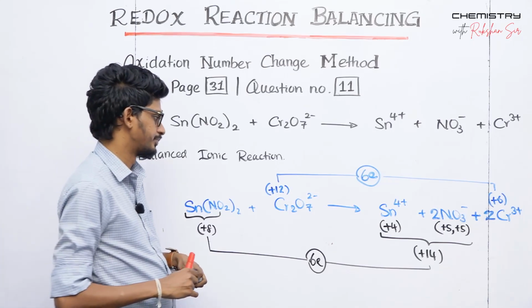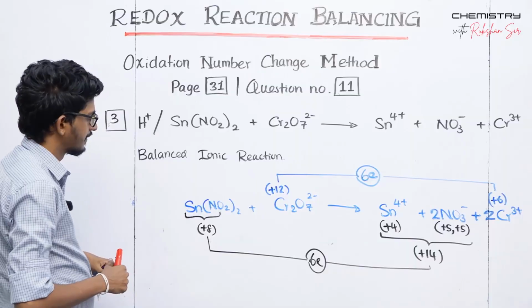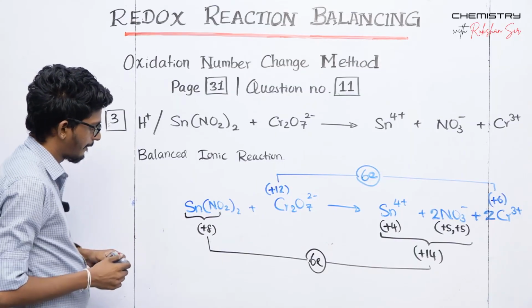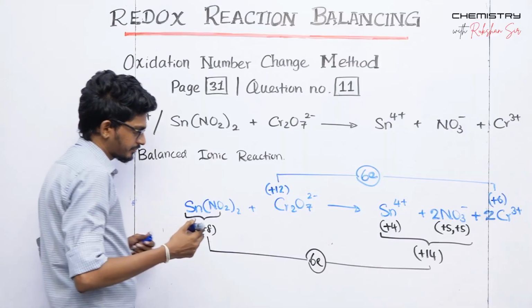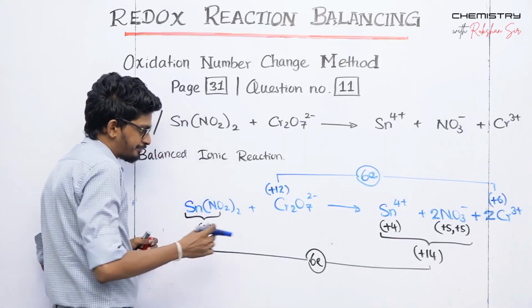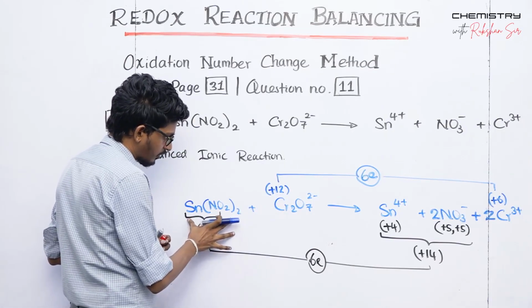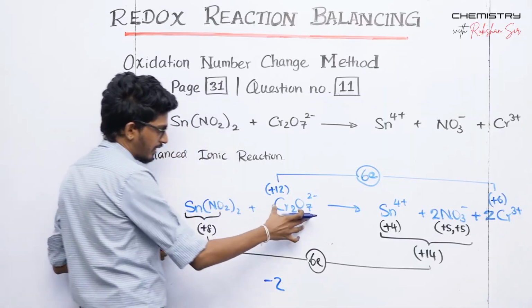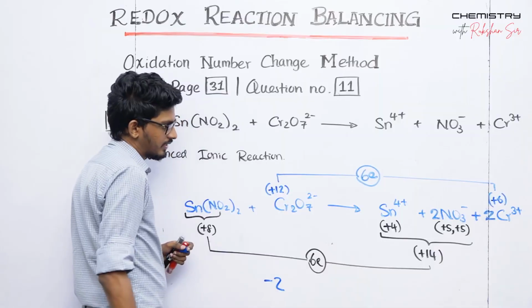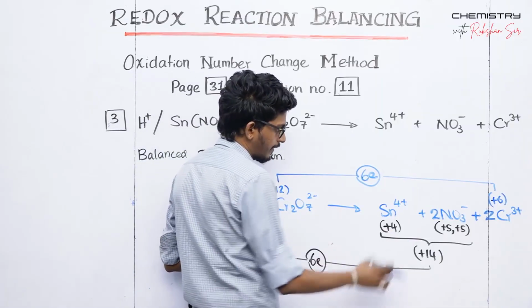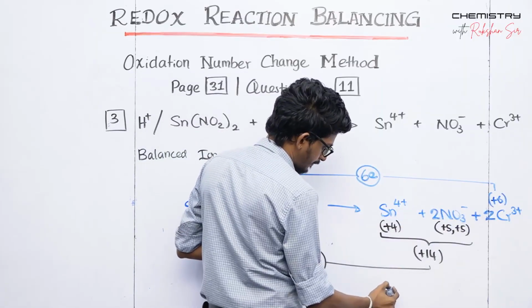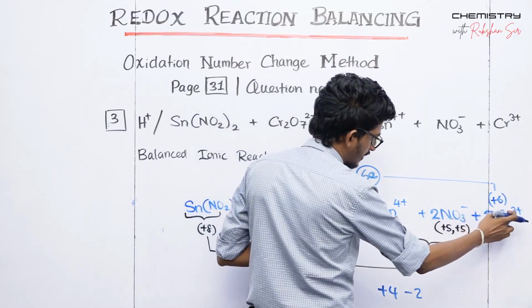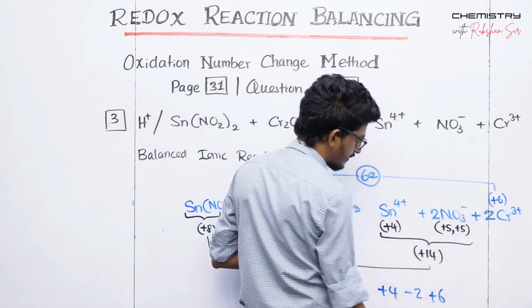Right. Next stuff is the charge balancing. See, balancing of charge. So here the charge is 0. Here the charge is -2. Particle with 0 charge and particle with -2 charge. That's -2. Here the charge is +4, -2, and so 2 particles plus 3 means +6.